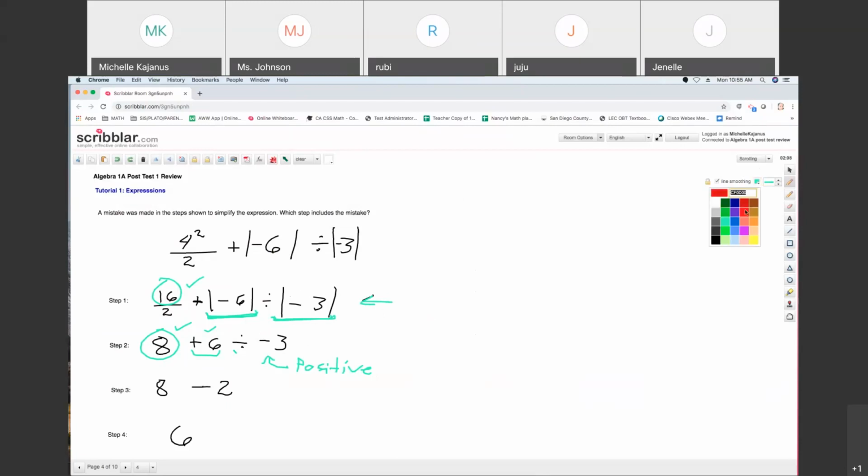So the mistake is actually in step 2. It did not take the absolute value properly. All right, let's move on to the next problem unless anybody else has any questions.